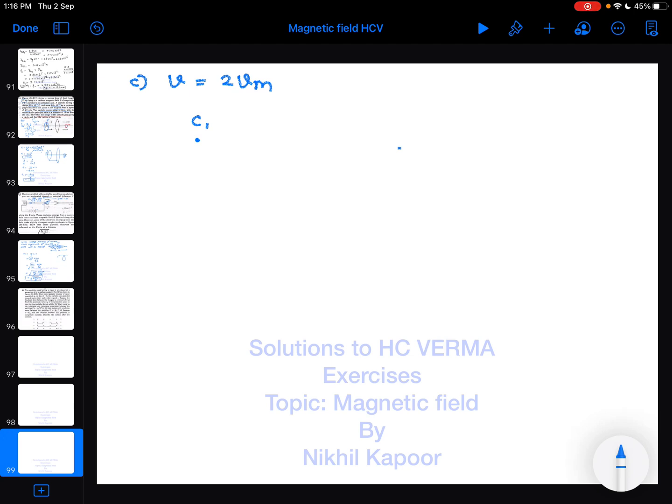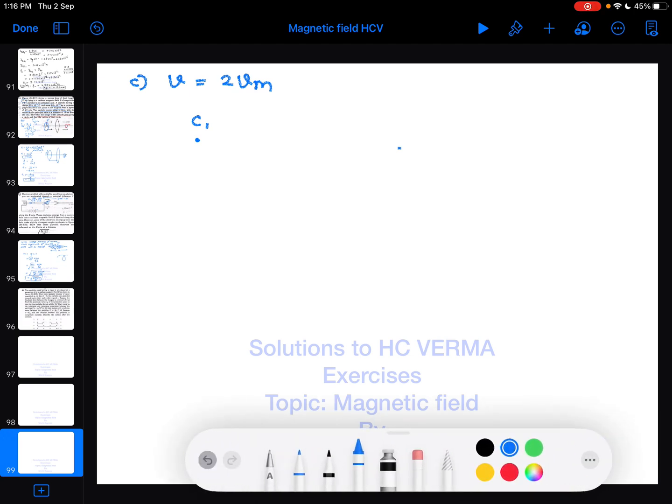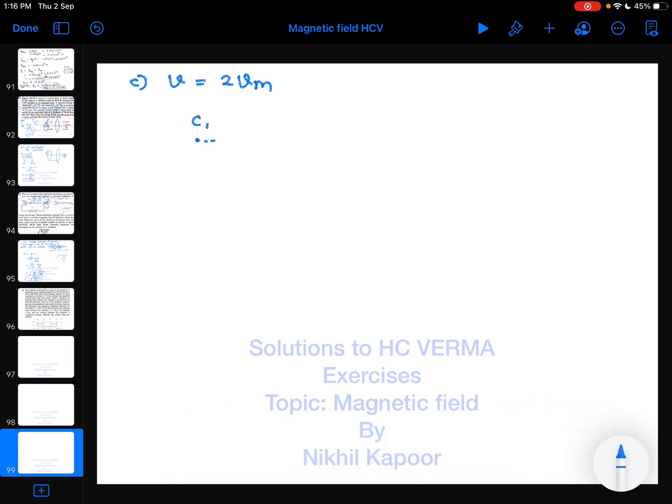Now the distance between their separations. As we know very well, the distance between their centers is d, while what would be the radius at twice of vm? It will be mv upon qB.